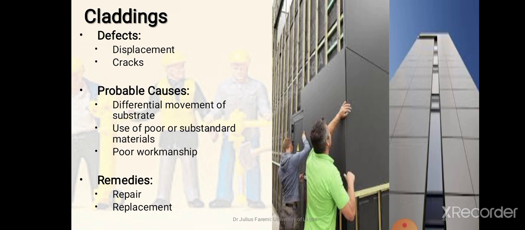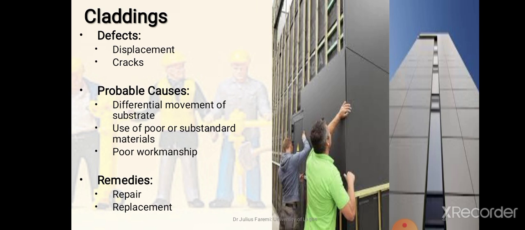Predominant defects in cladding include displacement within the cladding frames, as well as cracks in cladding sheets or cladding panels.